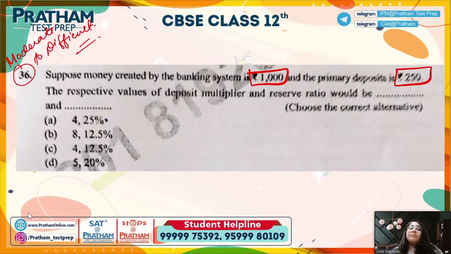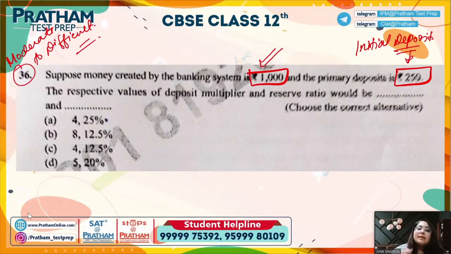Money कितना create हुआ है? It has been created of ₹1000. Initial deposit या primary deposit कितना था? ₹250. You need to know about the money multiplier और कितना reserve ratio रखा होगा. So बहुत easy है. 250 को जब आप 4 बार करोगे, तो obviously 1000 का number आ जाएगा, and 25% of 1000 is 250. So option A is the right option, that 4 and 25%.